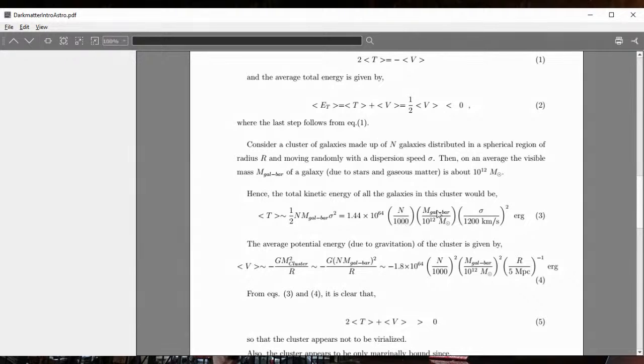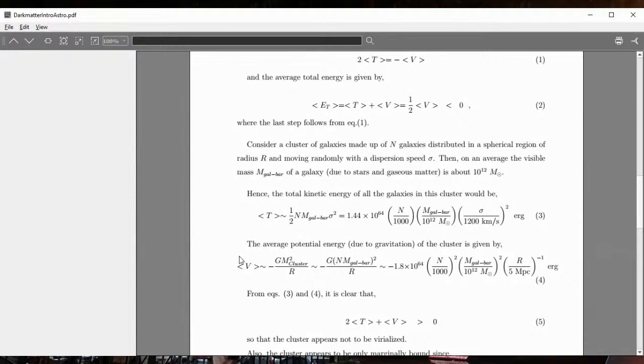Similarly, if the mass of a typical galaxy is different from 10 to the power 12 solar mass, you can substitute the number. Sigma, sometimes for a very tightly bound cluster of galaxies, can be as high as 1500 kilometers per second. So all those numbers, if you put in, you can get the number associated with the kinetic energy.